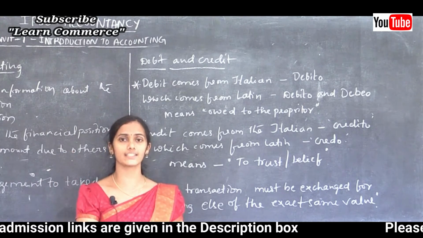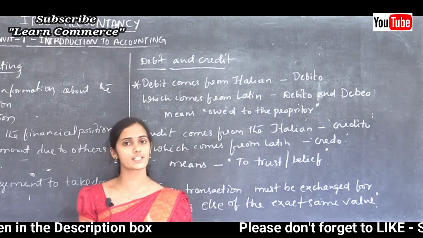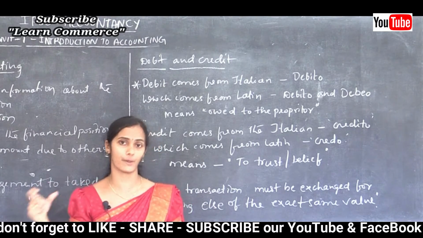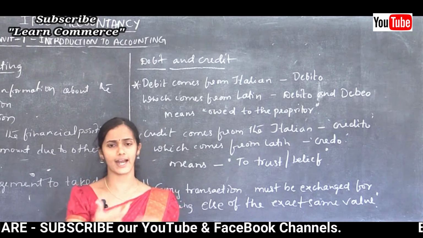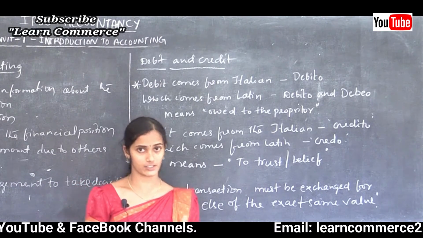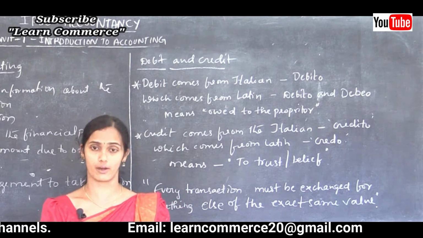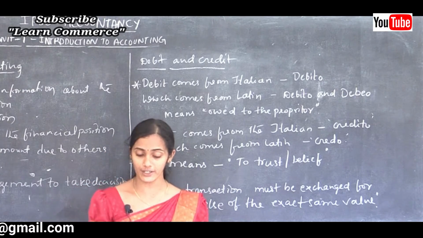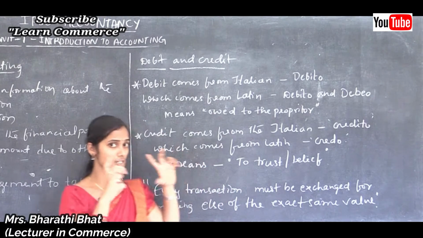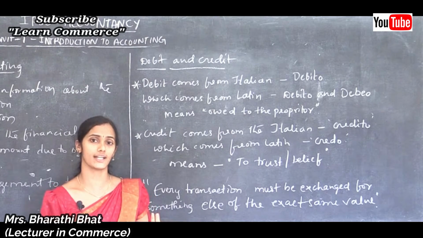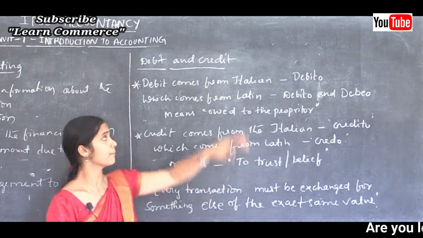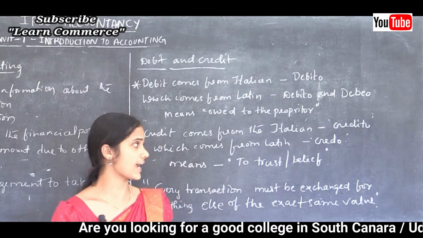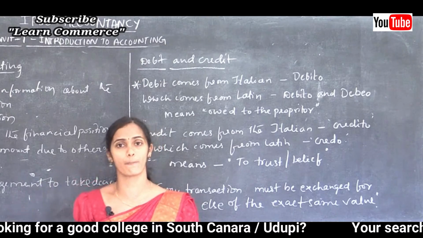To know the exact amount of sale, profit or expenses, he should record the transaction in a proper manner. For that, a proper format is there, and according to that format he should record the transaction. Getting my point? So how can an accountant record the transaction in a proper manner? By using this debit and credit aspect.